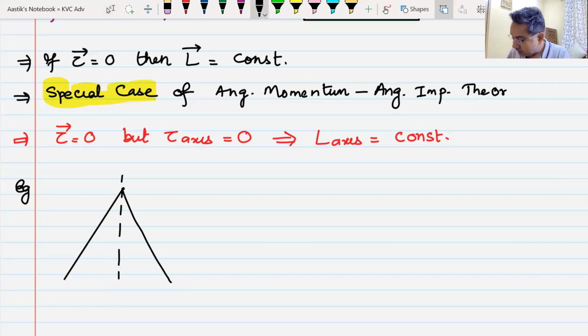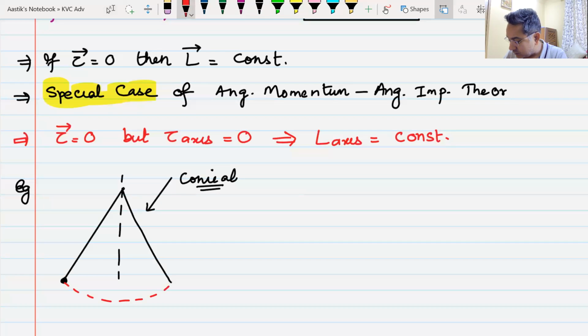Yes, sir. This is your conical pendulum. It goes like this, then it comes like this. This is a conical pendulum.